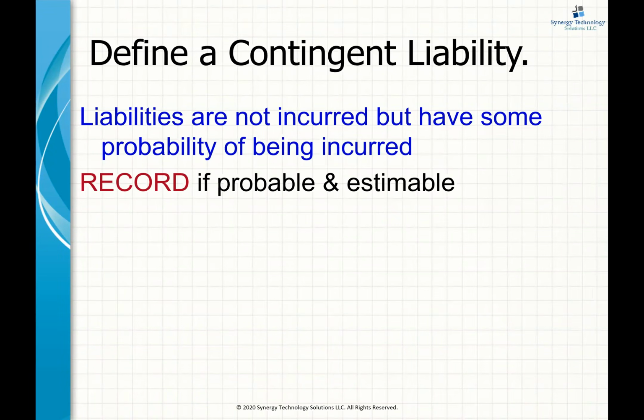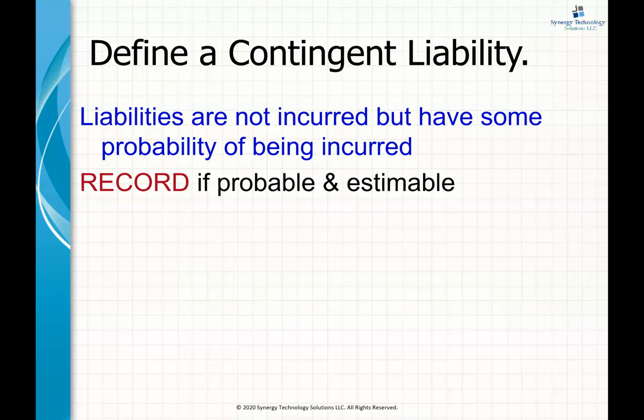The rule, I think this is the rule under both US GAAP and IFRS, is that if the contingent liability is probable and estimable, we have to record the liability. That is, if you have a pending lawsuit, for example $10 million, and the lawyer comes and says that yes, the way the case is going, the potential of losing is high.